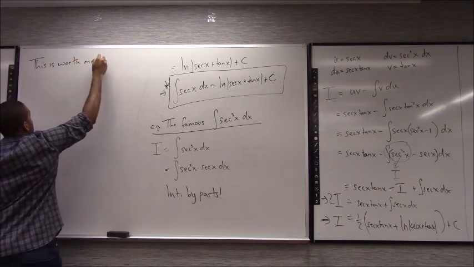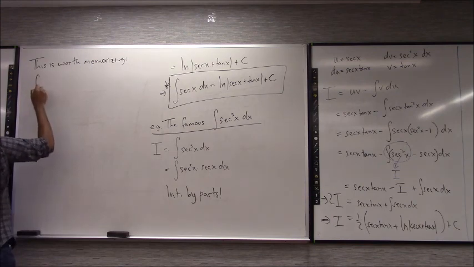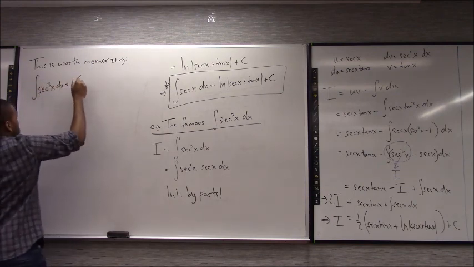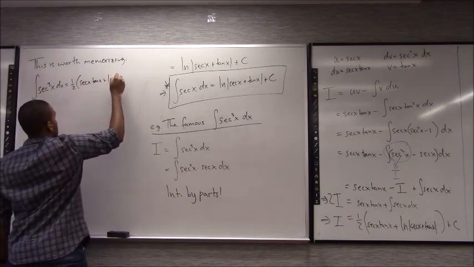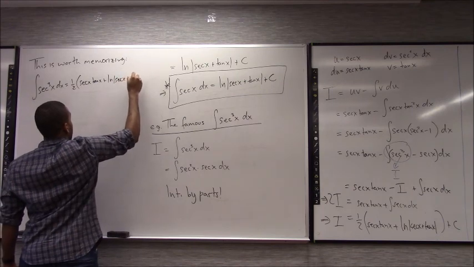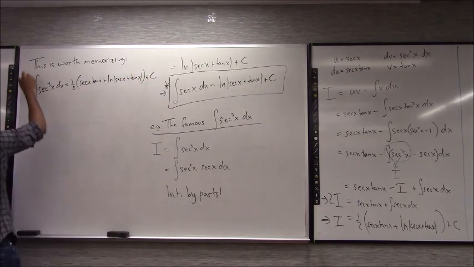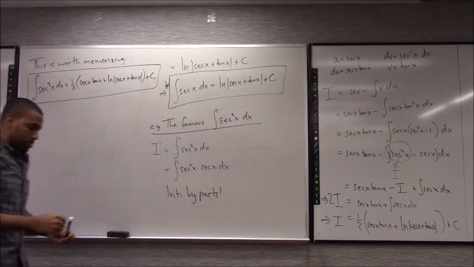This is worth memorizing. The integral of secant cubed x dx is 1/2 secant x tangent x plus ln of secant x plus tangent x. It's probably one of the longer formulas that we'll be memorizing during the semester, but it shows up often enough for you to memorize it.